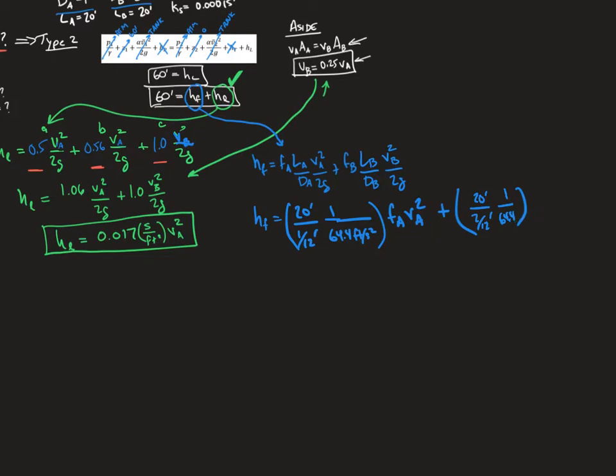Let's get some space here. 64.4 feet per second squared, times FB VB squared. All right, let's simplify this a little bit.